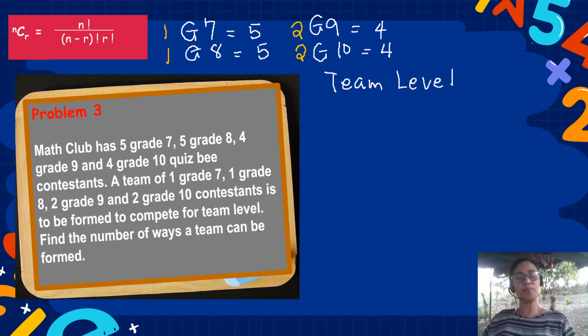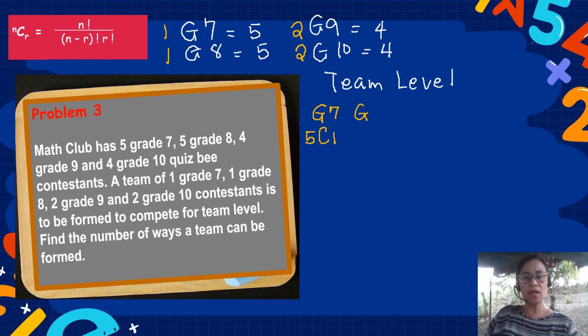So meaning, in grade 7, there's already a combination within grade 7. Same thing with grade 8, grade 9, and grade 10. We are now going to represent the combinations in each grade level. For grade 7, what we need is only one participant, so it is 5C1.